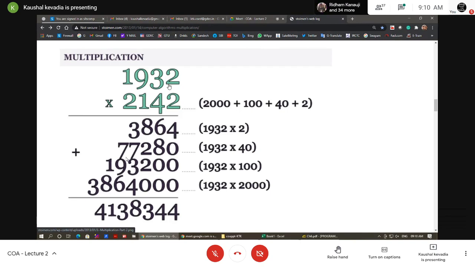Then 1932 multiplied by 4, I write down here, and before that I write a 0 because this digit is at the tens place. This is the unit, tens, hundreds and thousands place.